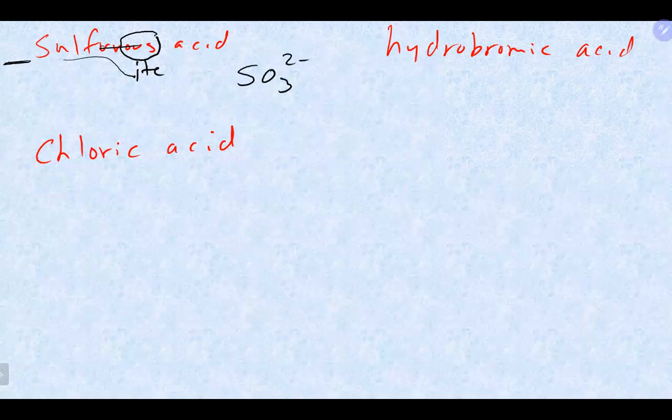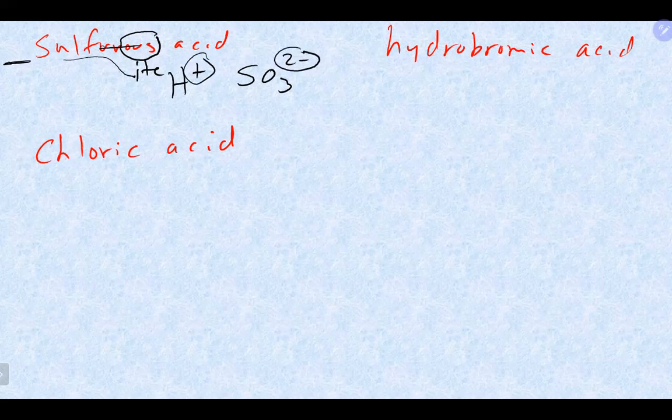Remember that for all acids, the cation is H plus. So once again, we're going to balance this out to give us zero charge. We need one more H plus here, and that's going to get us to H2SO3 as our formula. Any questions on that?